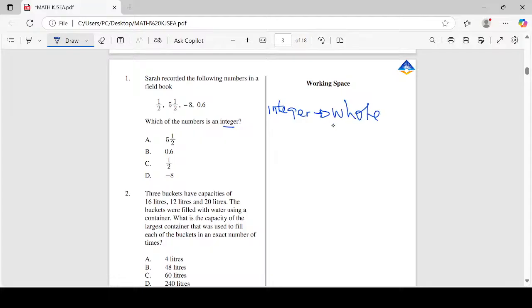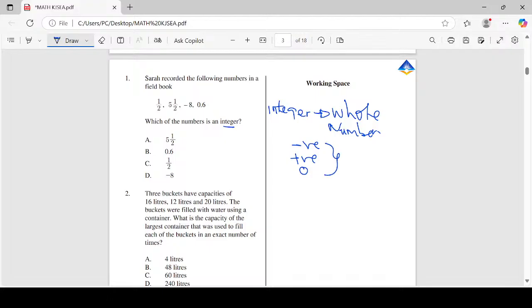It can be negative or positive or 0. This is what constitutes an integer.